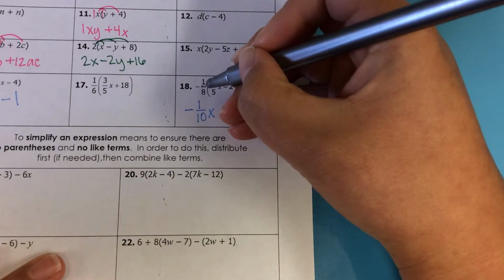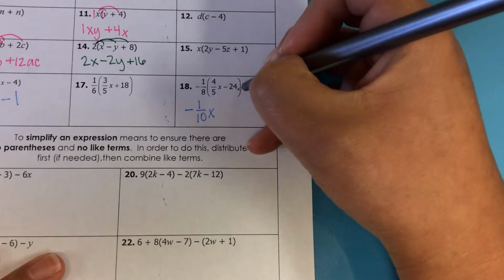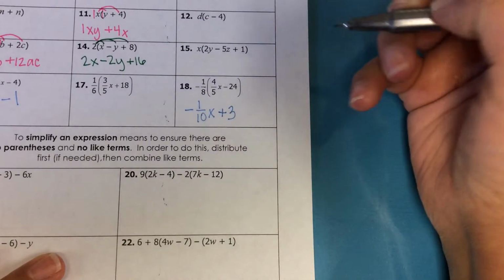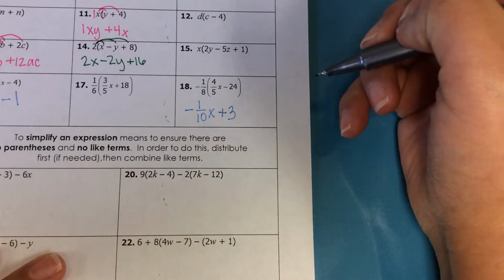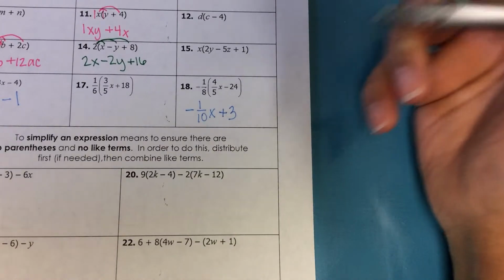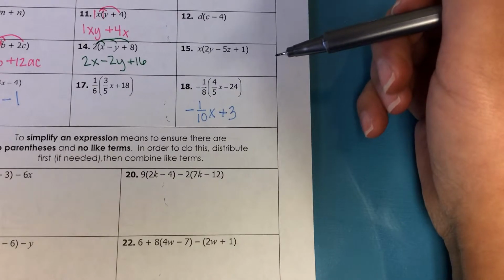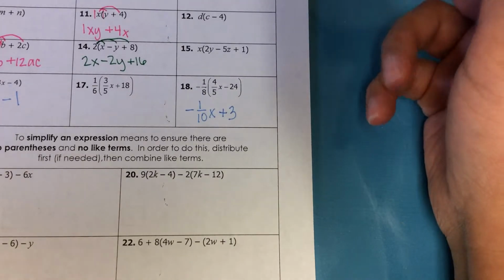Then I'm going to take the -1/8, times it by a -24, and I should be getting a positive 3. You're welcome to try it in your head, but I do recommend, if you're not comfortable with fractions, go ahead and use the fractions. Okay.